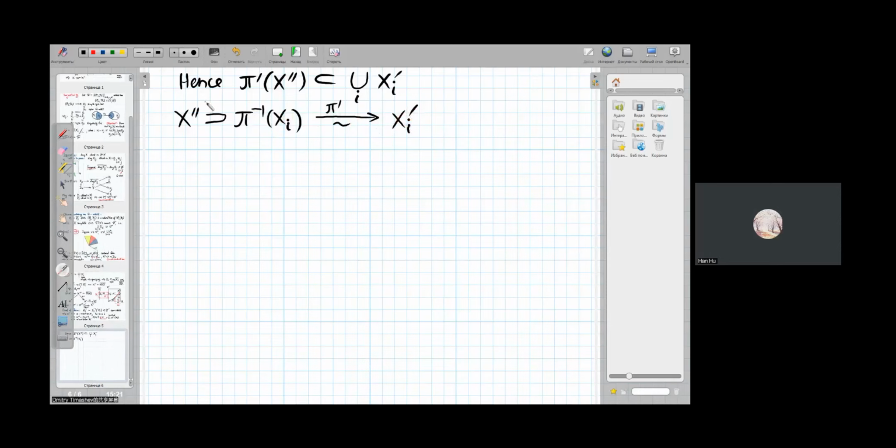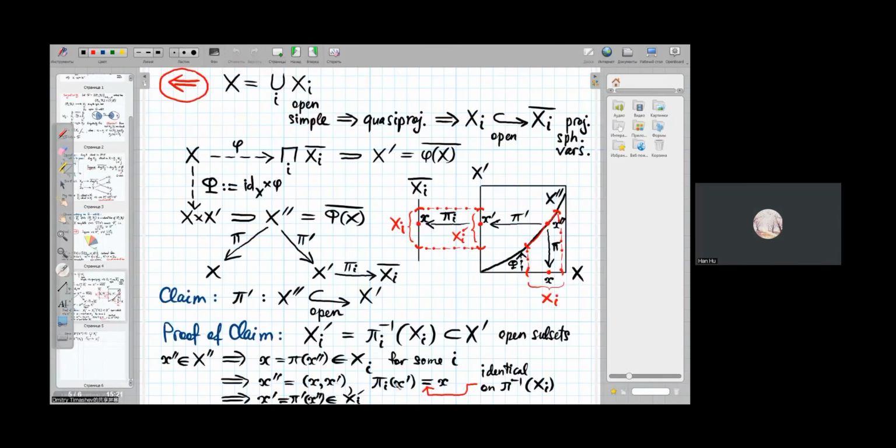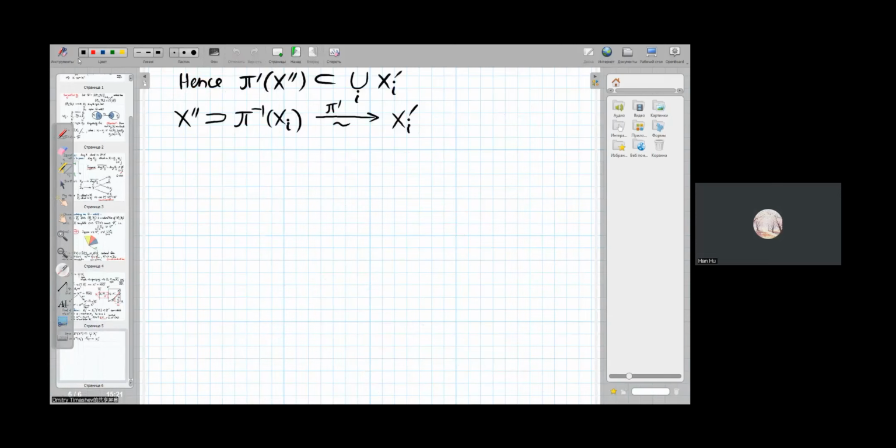Why so? Well, it is more or less clear if you analyze this description written here. Let me write explicitly that if you take any point x double prime in here, what does this point look like?